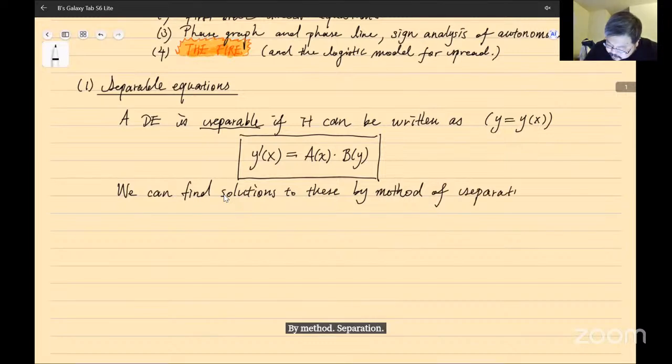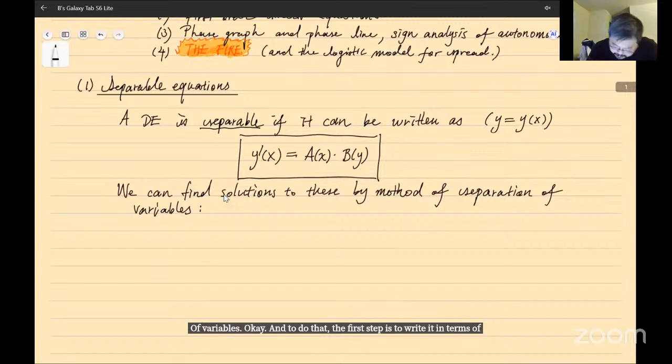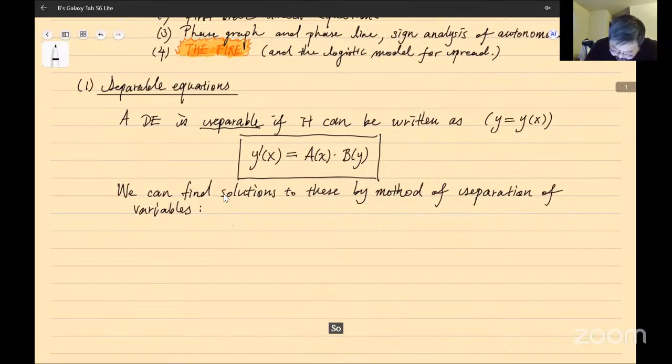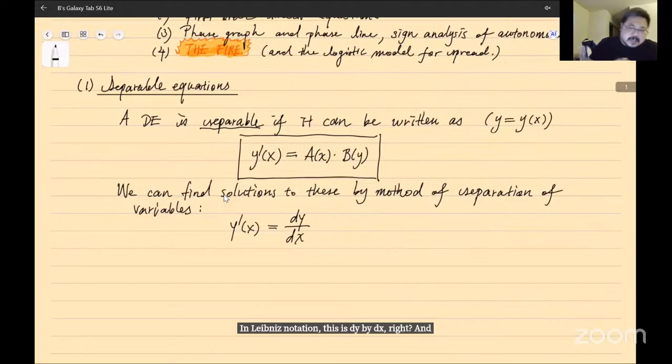And to do that, the first step is to write it in terms of Leibniz notation. So let's watch this. First, we have y prime of x. In Leibniz notation, this is dy by dx, right?